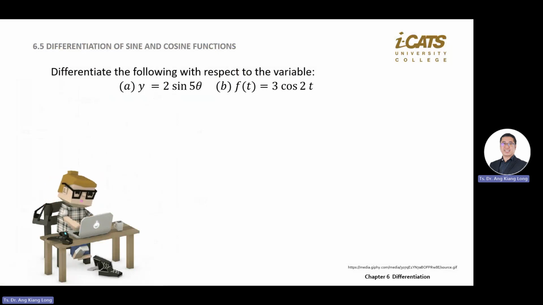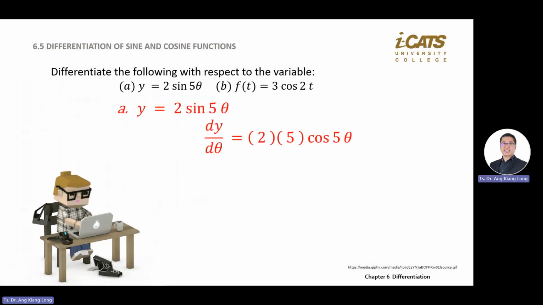Okay, so if you have y equal to 2 sine 5 theta and cos 2 theta, so you know that sine you differentiate, you'll get cos. 5 you put to the front, right? So this one cos you differentiate, you become negative sine. Pull the constant to the front, right?